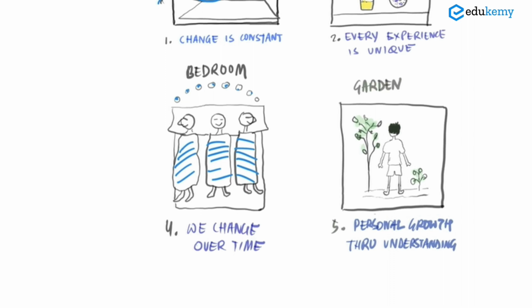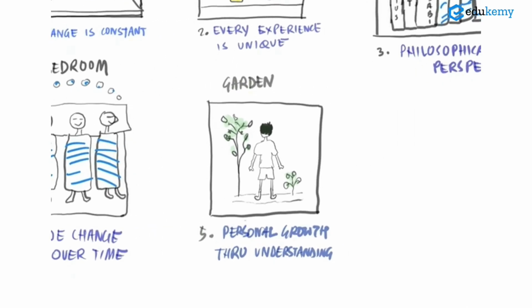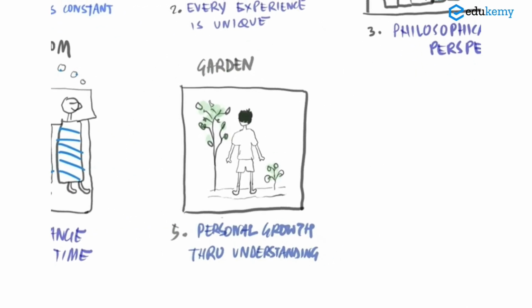That means you're changing over time. And finally, you step into the garden. So your personal growth, and you think about like a small plant and a big tree, right? So your personal growth has happened, and you are a new person, and you have embraced change, and you have become the best version of yourself.